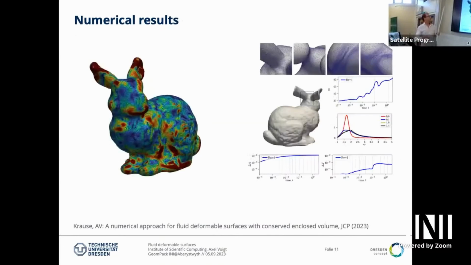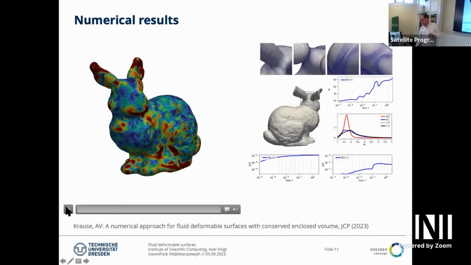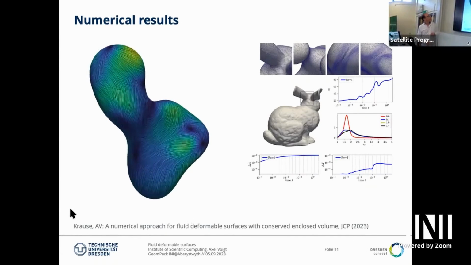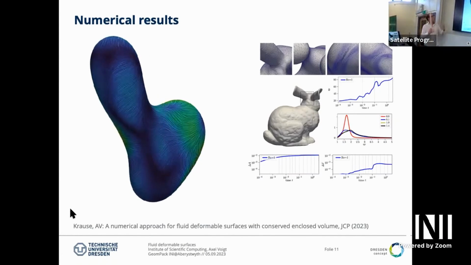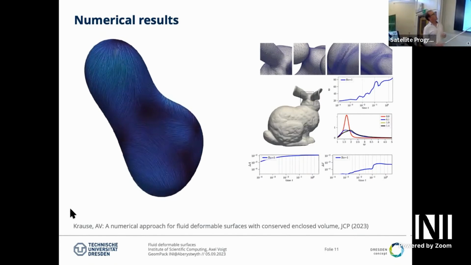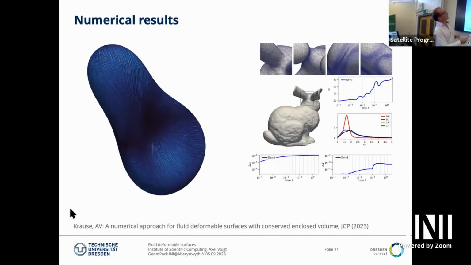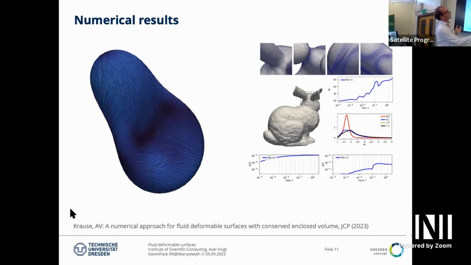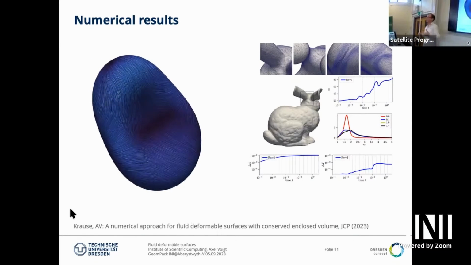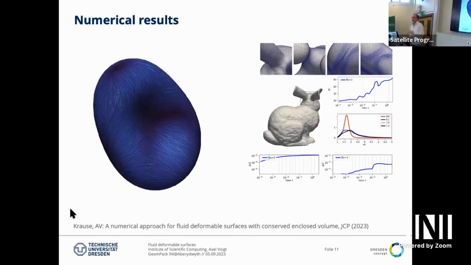Okay. Now we can do this also for more complicated surfaces like this bunny, and that deforms and uses this flow. And before this goes to an end, maybe have a look at the mesh. This really strongly deforms in this region, but stays within acceptable quality.